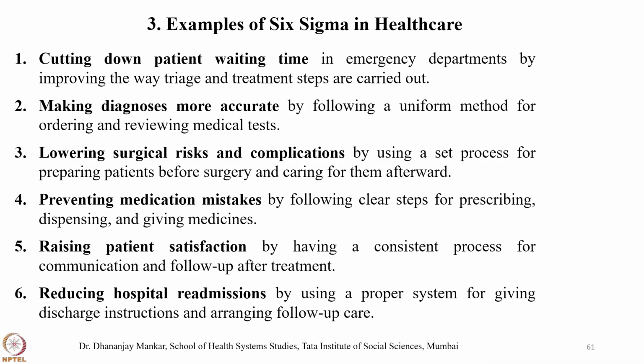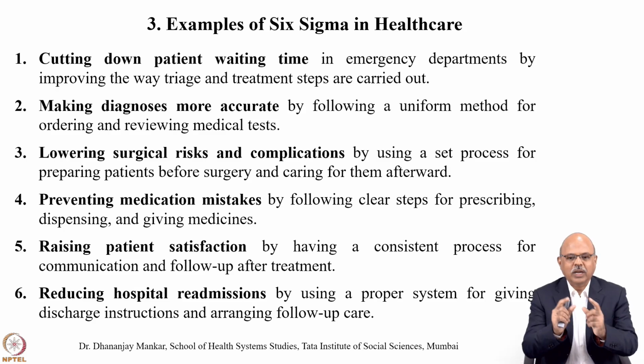And finally, for the administrator, reducing hospital readmissions. How is it done? By using a proper system for giving discharge instructions, making a pre-planned discharge and allowing follow-up of care, where the continuity is towards providing more patient assistance, to give a good image of the hospital, to build patient relationships, and even to work on customer satisfaction.